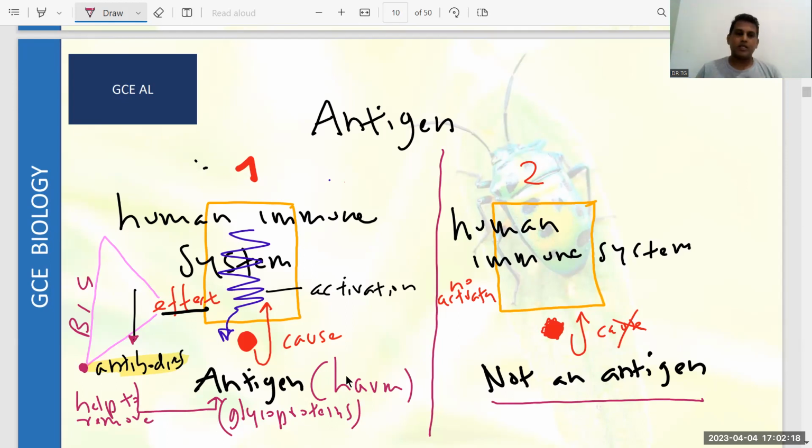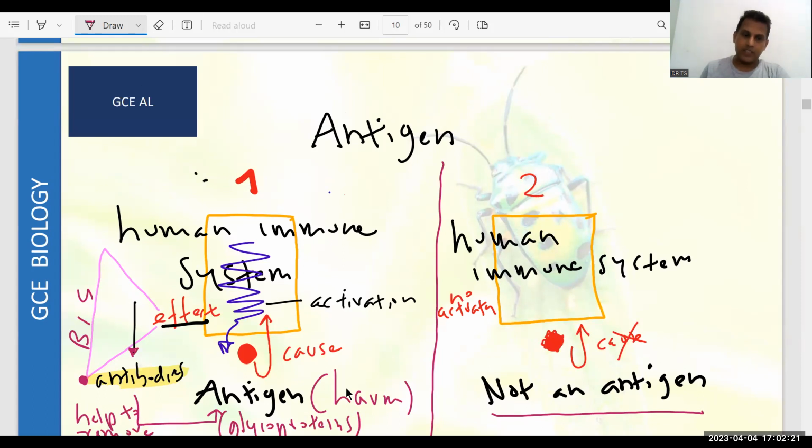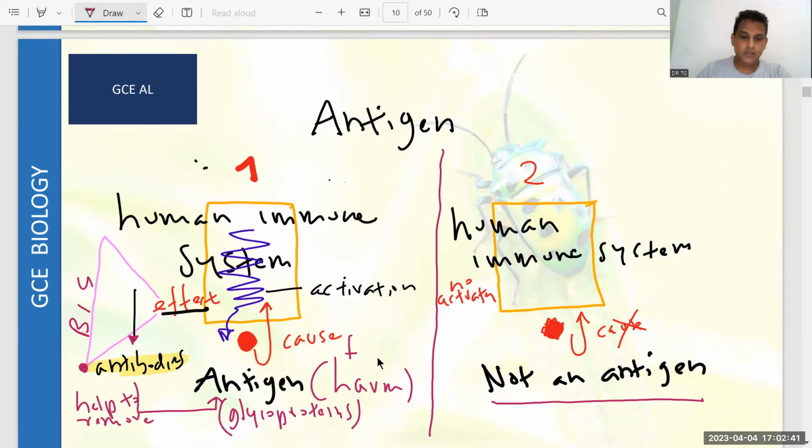and they could be harmful to our body. To become a candidate of antigen, it needs certain requirements. It should be foreign, molecules coming from outside.